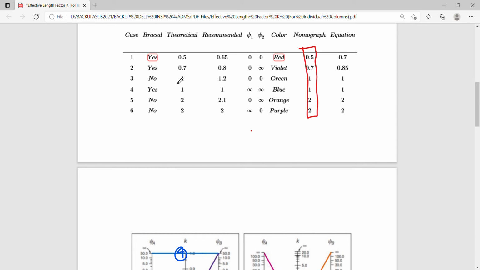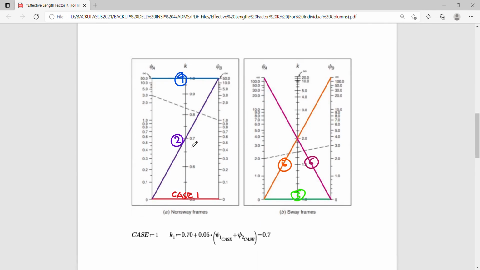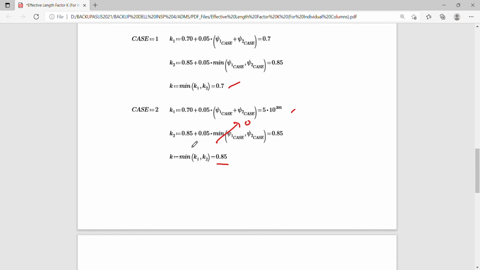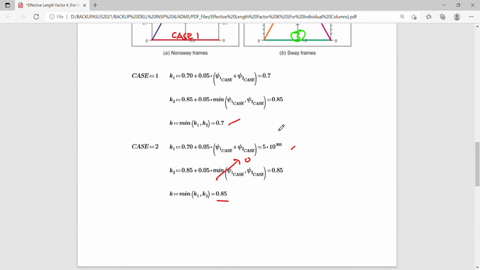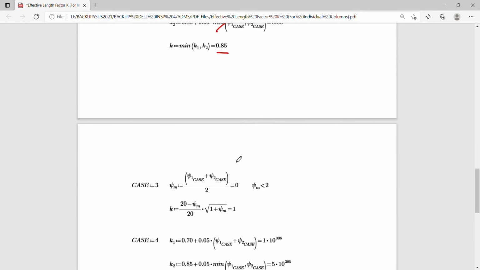So the cases 3, 5, and 6 are actually unbraced. Okay, so case 3, 5, and 6 will be having the same formula, different from the formula we have on the first two cases. So this is now a psi mean. We take the mean of the two, which is actually 0.